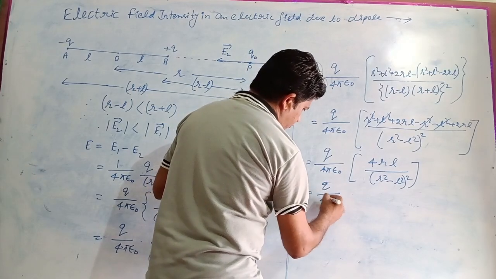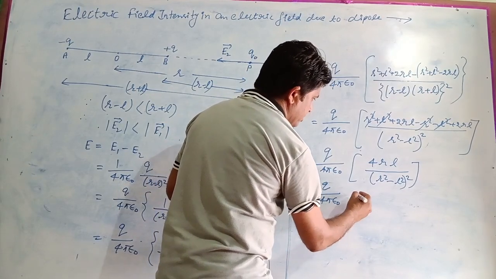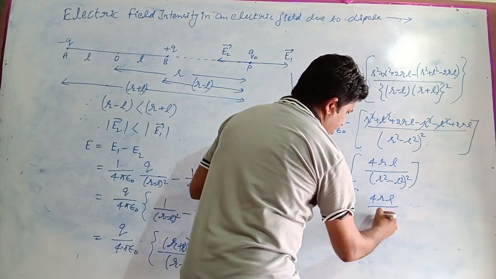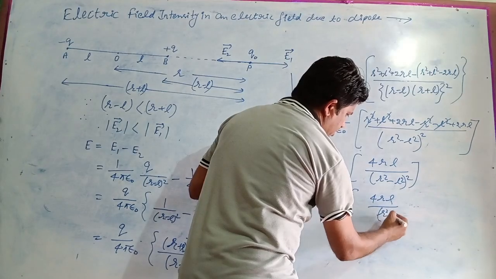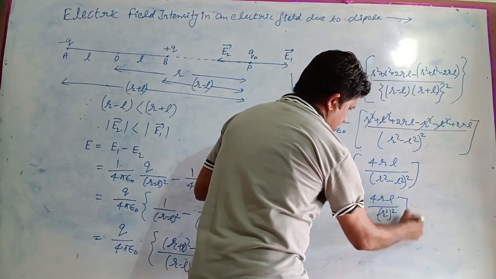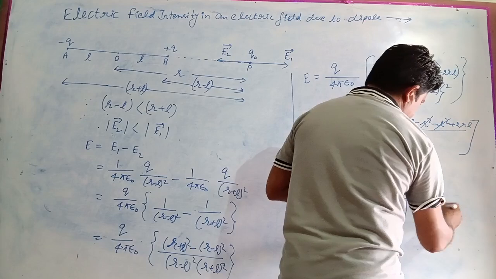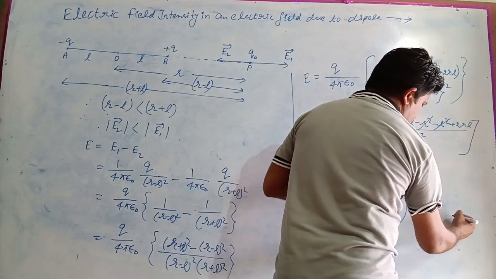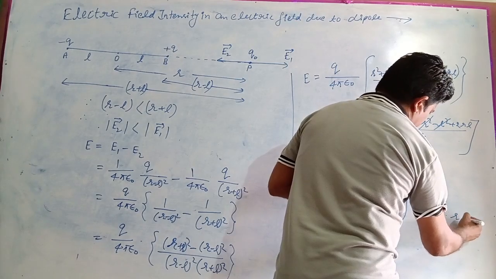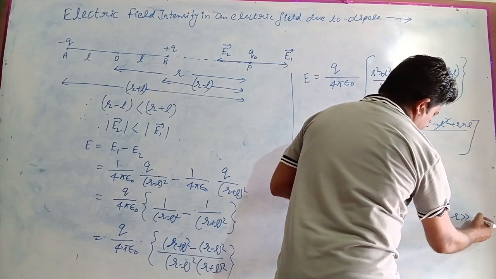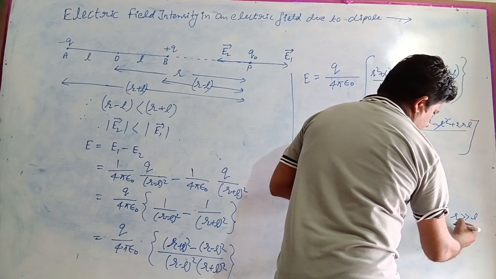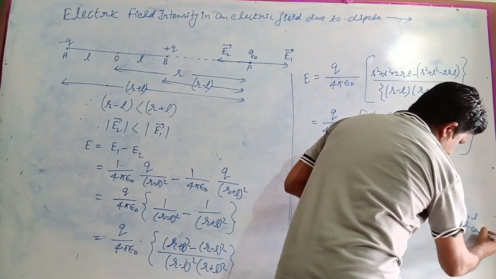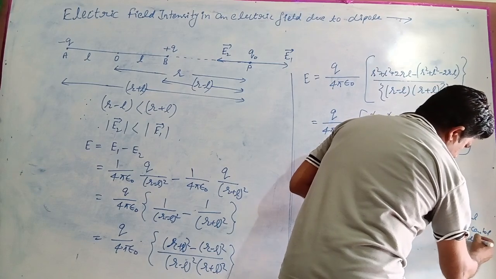Again, q upon 4 pi epsilon naught and 4 RL upon r to the power 4. And here we leave out L square, because r square is very much greater than L square, so L square can be left out.